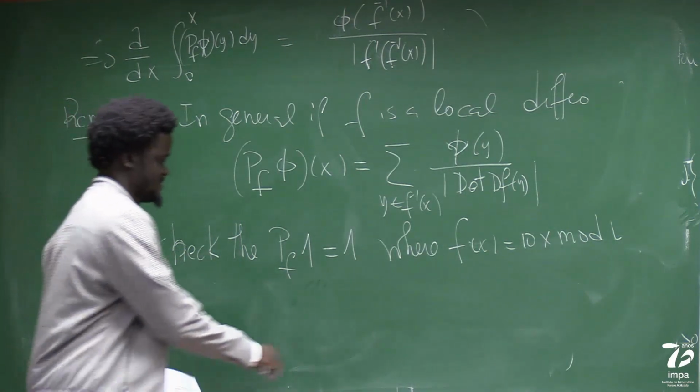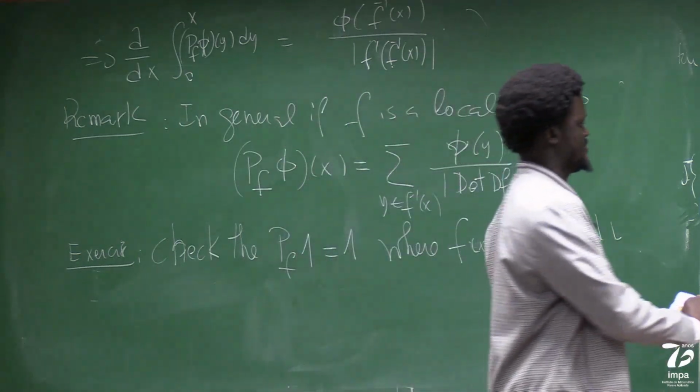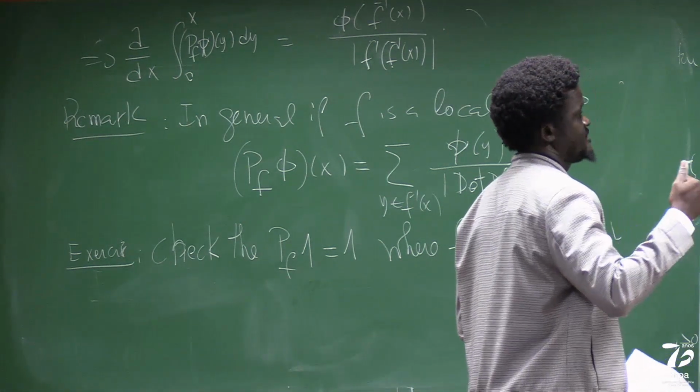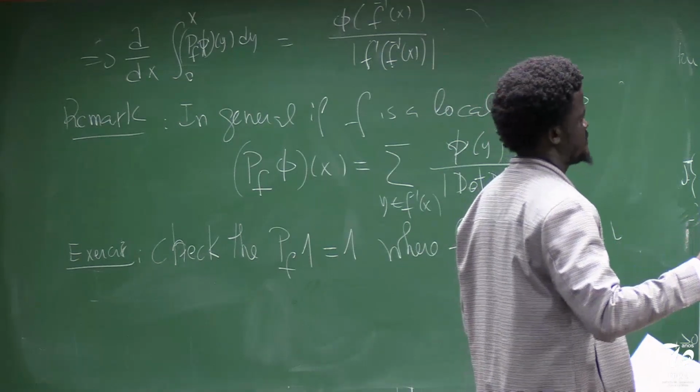So now let's get to another example, which is the Gauss map. So in section 1.1, we have invariance. In section 1.2, that was Poincare recurrence.